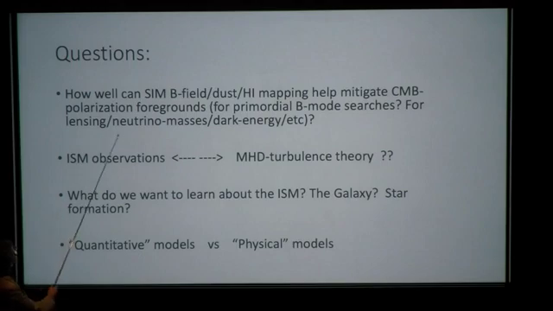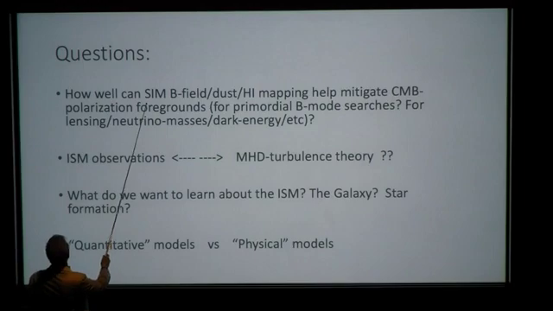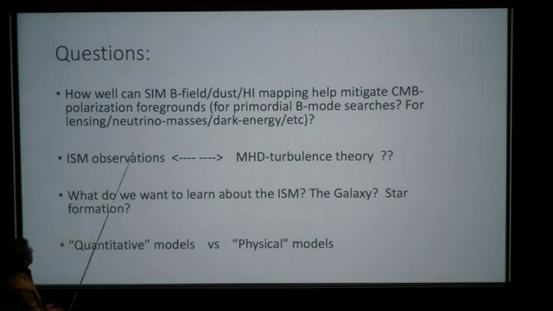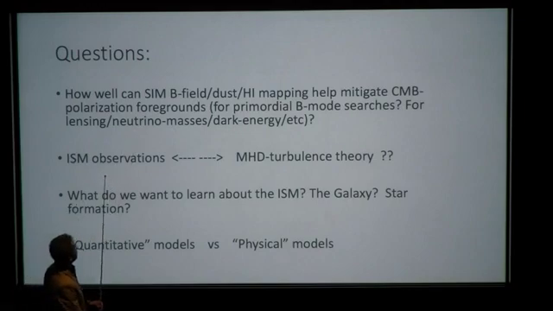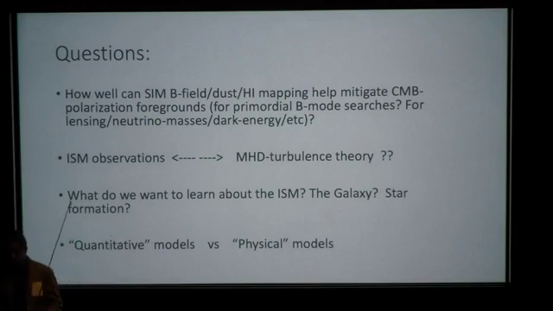One thing I'm curious about is how well can the types of ISM dust magnetic field maps that we've obtained from H-alpha, from infrared observations, etc., help mitigate the CMB polarization foregrounds?